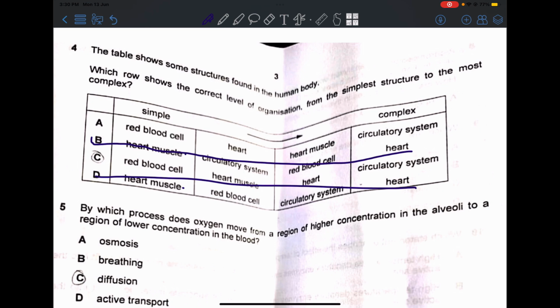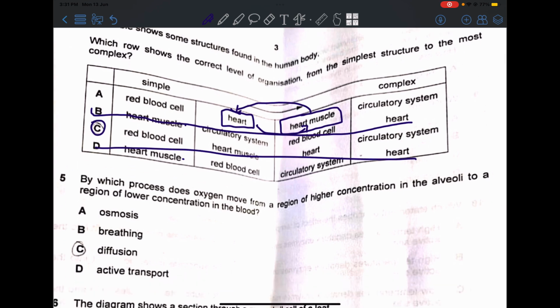Now we're going to be choosing the heart. Of course, this is going to be an organ. The heart muscle is going to be a tissue. So the heart muscle is supposed to go here before the heart, because of course the heart is an organ and the muscles are tissues. So we're going to be choosing C because of that.